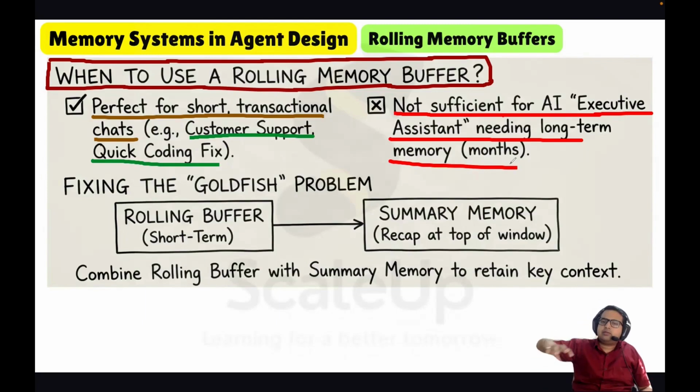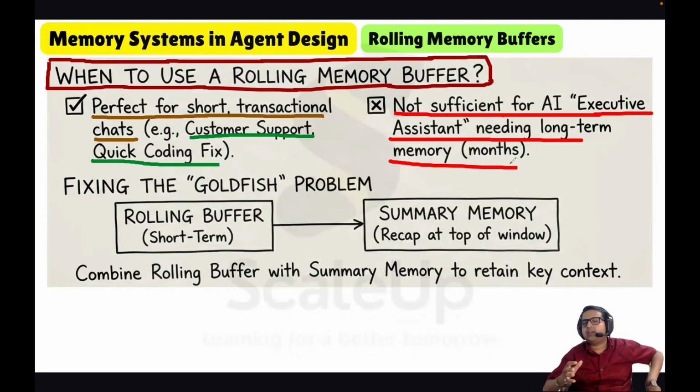Because then the responses have to do with the old interactions as well, and with the user preferences. So there, a rolling memory buffer is not sufficient because it is short term, like an active context window. So we will be needing a long-term memory.